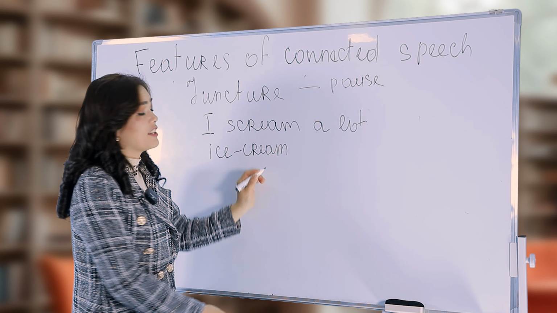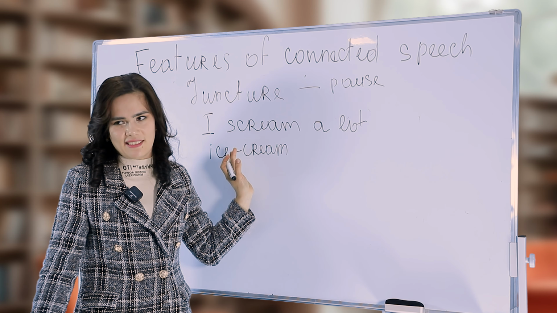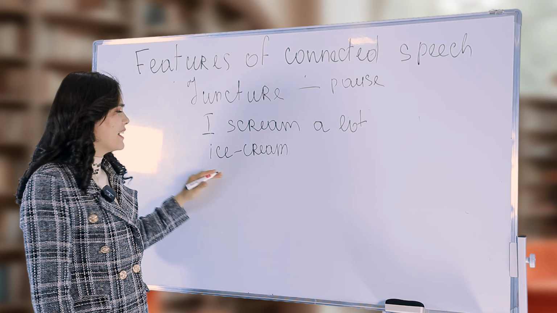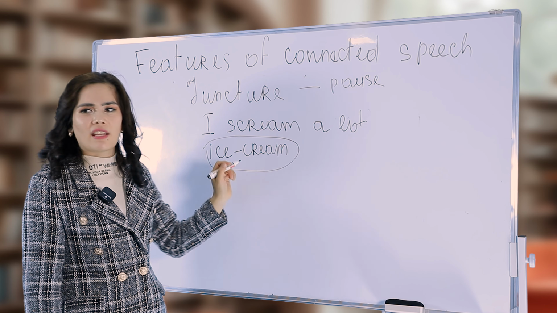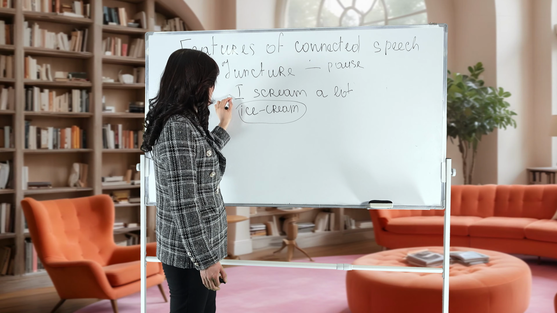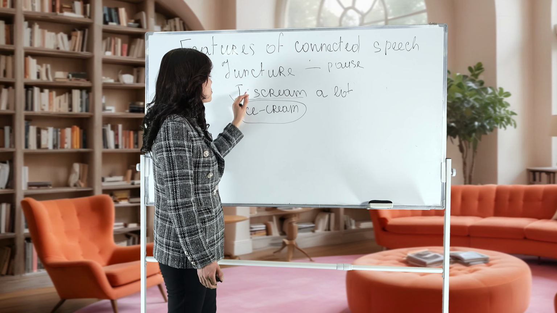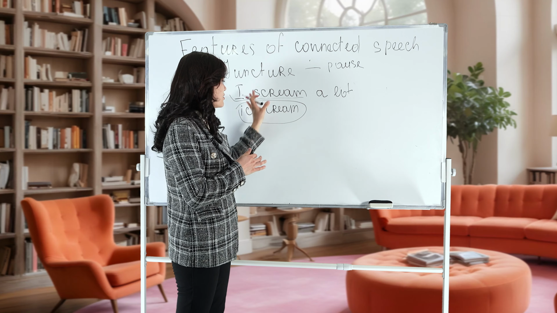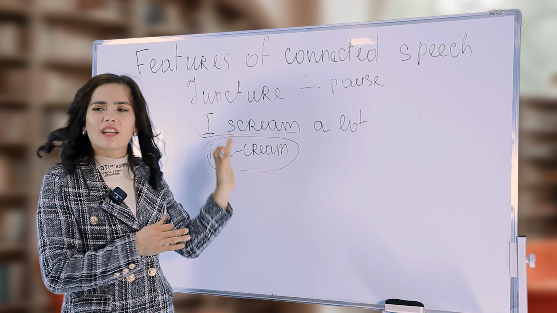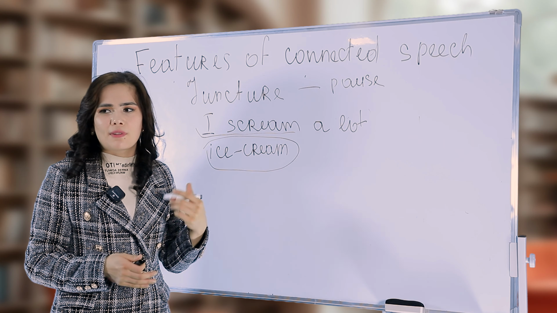But another example which is pronounced in a similar way to this phrase: I really love ice cream during summer months. Ice cream is pronounced together without any pause, but the first phrase is pronounced with a pause so as to differentiate these two phrases which are similarly pronounced.